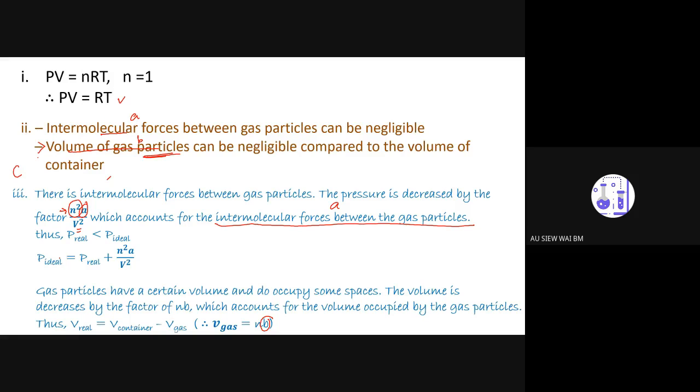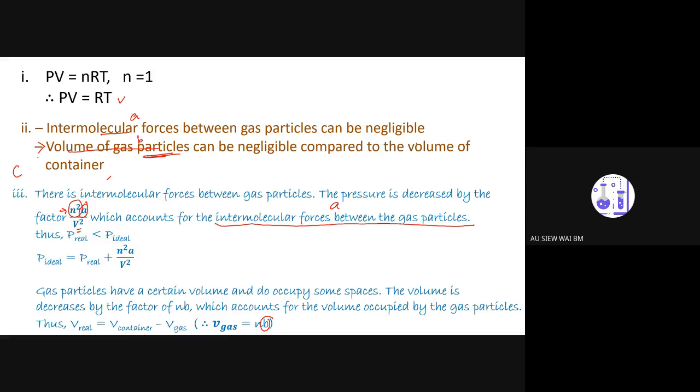Sebab kalau volume dia decrease, that means the gas particles mesti pack dengan lebih closer kan. So particles pack closer, that means akan ada intermolecular forces dia. Semakin kecil volume kita, semakin particle akan dekat. So kalau dekat particle itu, bermakna intermolecular forces akan become stronger. So semakin close of the gas particles, semakin stronger of the intermolecular forces.